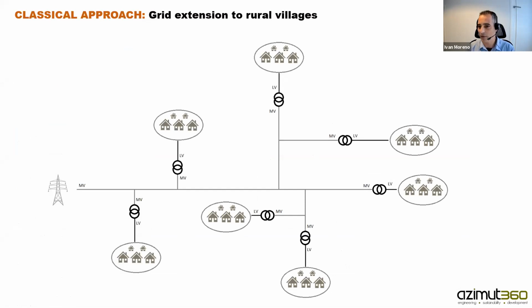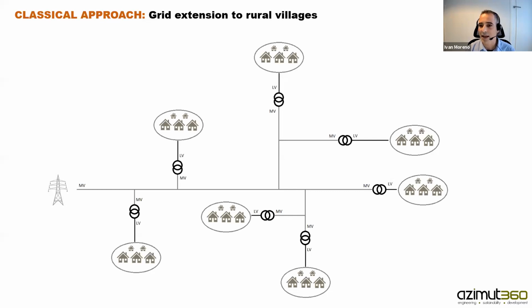It is medium voltage distribution lines, and each village has its connection to the medium voltage line with a medium voltage transformer. So we step down to the low voltage grid inside the community. This is the classical approach.